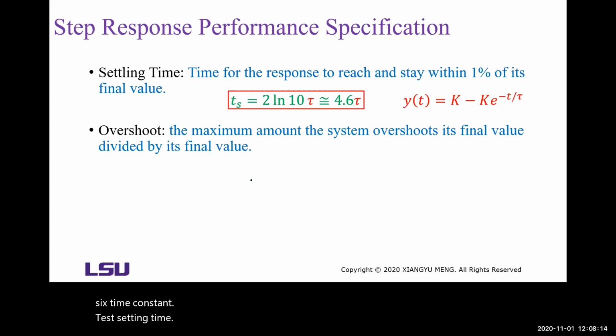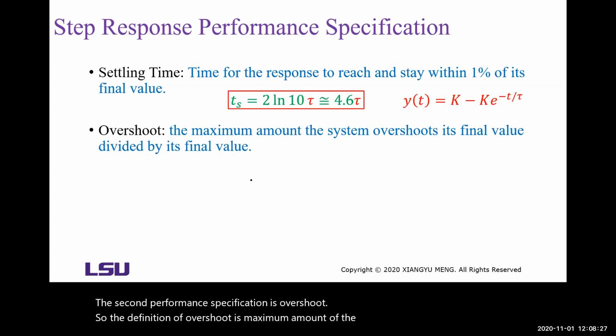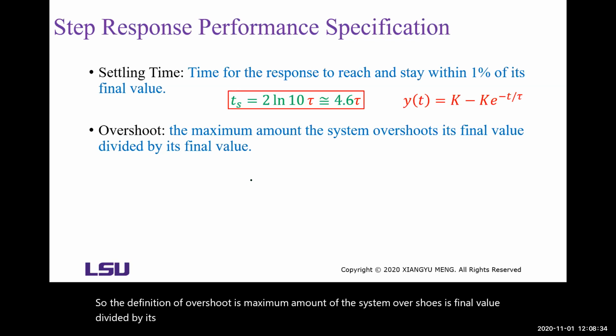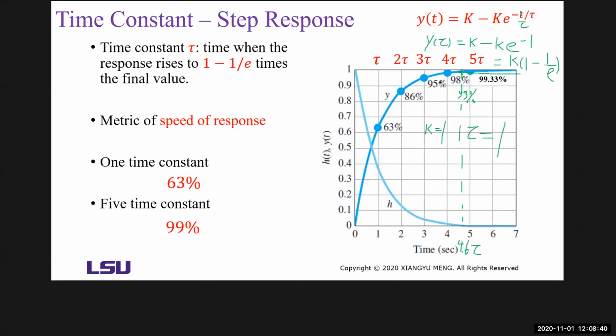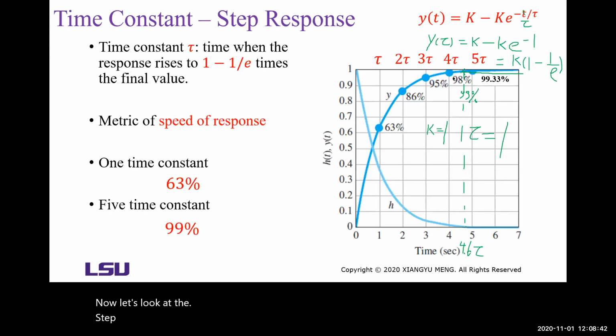The second performance specification is overshoot. The definition of overshoot is the maximum amount the system overshoots its final value divided by its final value. Now let's look at the step response of a first order system.